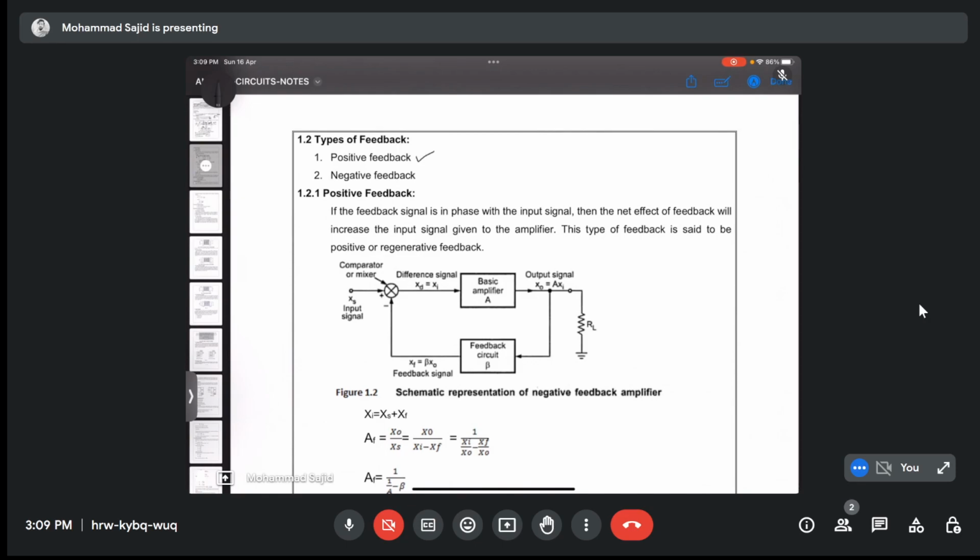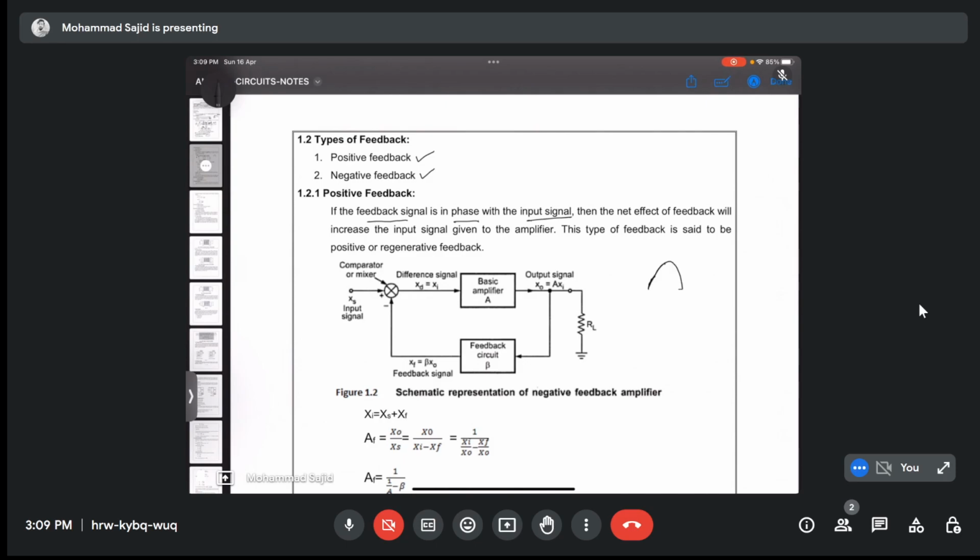Now we will have two types of feedback, right? Positive feedback and negative feedback. If the feedback signal is in phase with the input signal, what does that mean? It means that if the input signal increases, the feedback has the same phase.